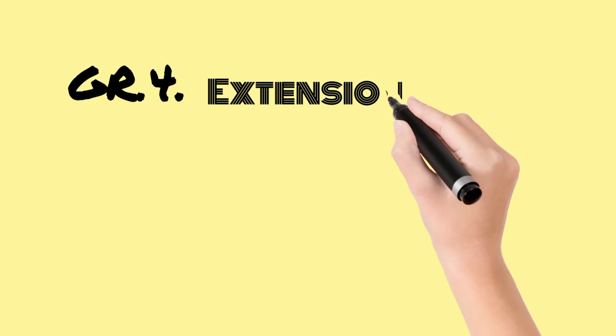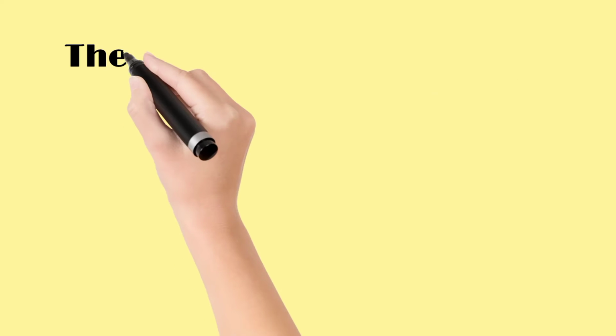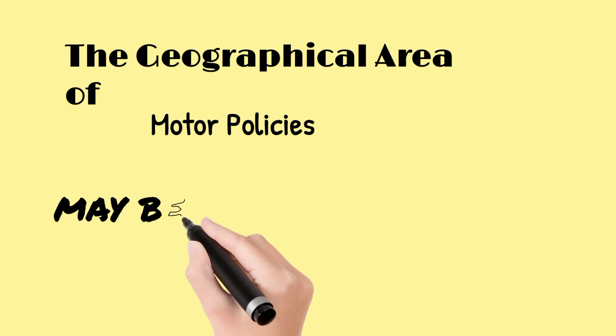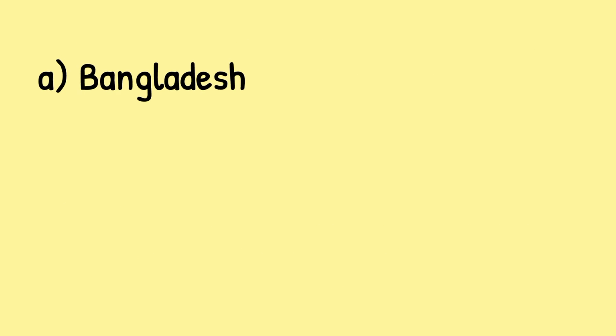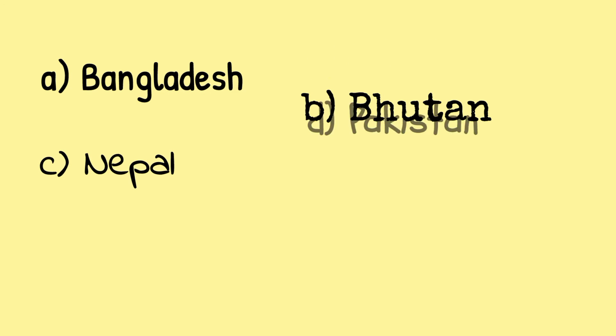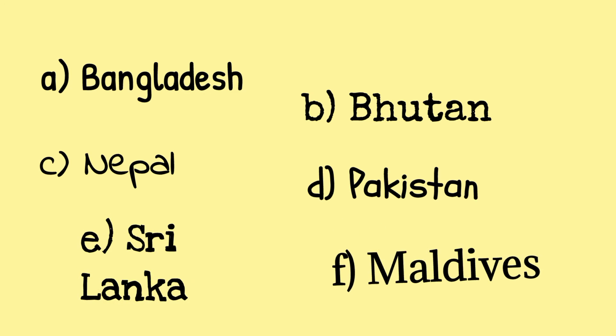GR4 Extension of geographical area. The geographical area of motor policy may be extended to include Bangladesh, Bhutan, Nepal, Pakistan, Sri Lanka, and Maldives.